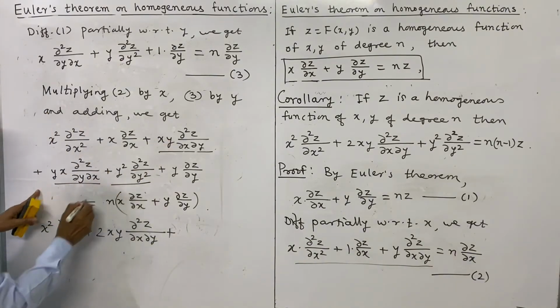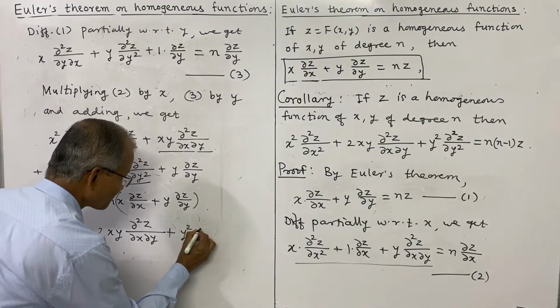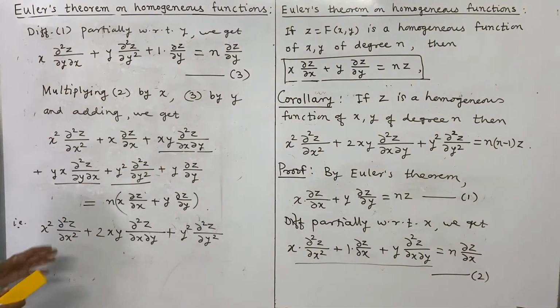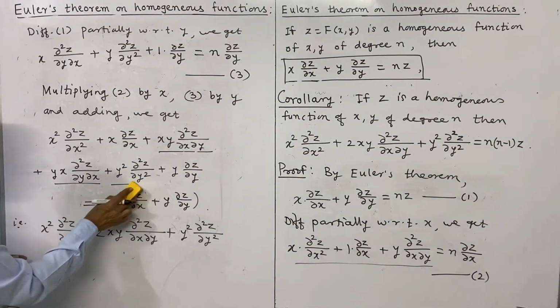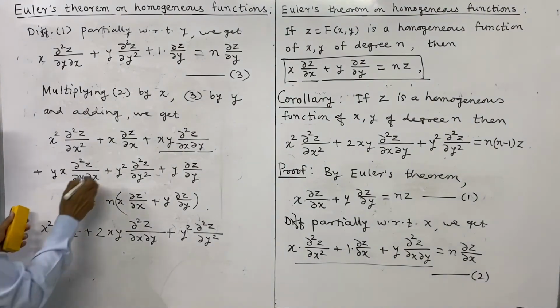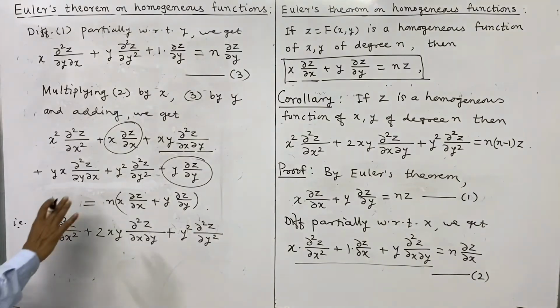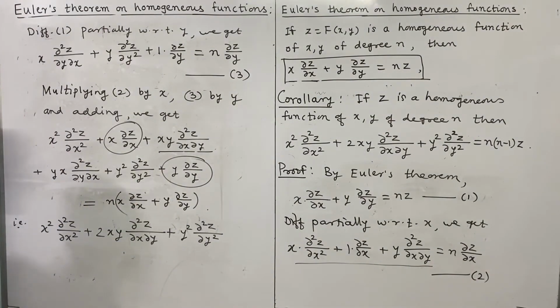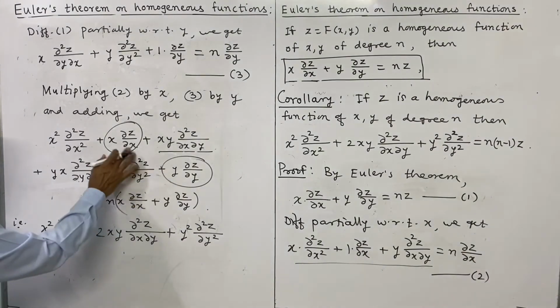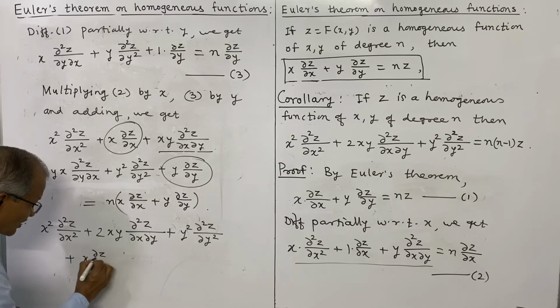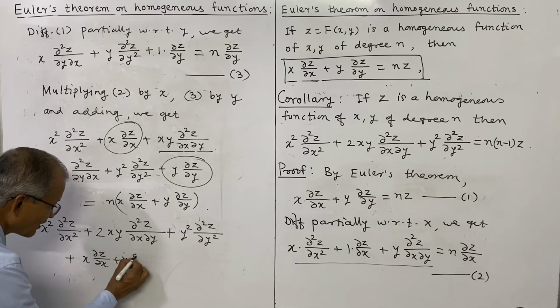Now I shall write this term, plus y square dou square z by dou y square, and this much I shall write on the left side. And what are the remaining terms? You see, the remaining terms are these two, x dou z by dou x and y dou z by dou y. I shall shift that term to the right side, and the sum of these two terms is x dou z by dou x plus y dou z by dou y.